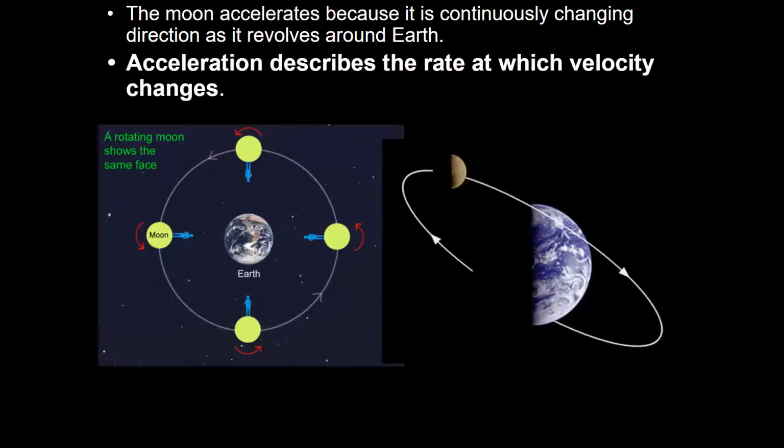Velocity is speed in a specific direction, right? Good. Write that down, the last bullet point on this one. Acceleration describes the rate at which velocity changes: increase of speed, decrease of speed, or changing direction, or all of the above.